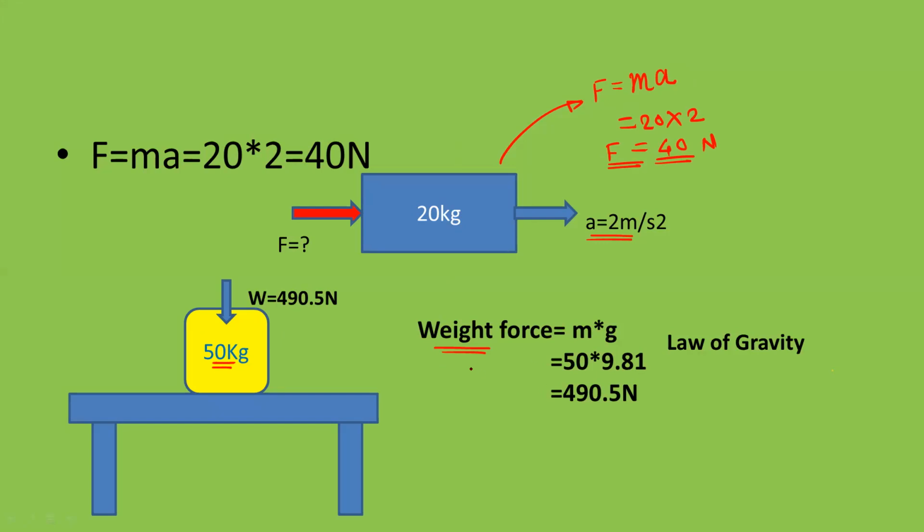If you want to find out the weight force, we have to multiply the mass by the acceleration due to gravity. So mass is 50 kg for this object. So 50 into 9.81. So your answer will be 490.5 Newton. So this is also force is equal to mass into acceleration.